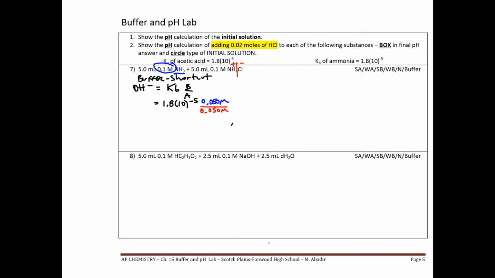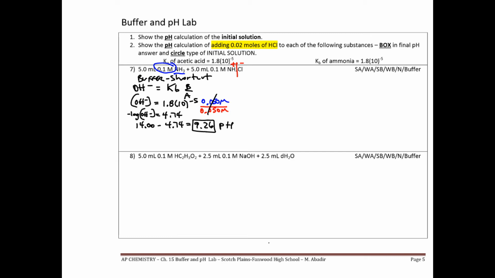You're going to notice that the OH is going to be the same as the Kb because those are going to divide out. And then you're going to take the negative log of OH minus, which is going to be 4.74. But that's the pOH. So you have to take 14 minus 4.74 to get 9.26 as your pH.